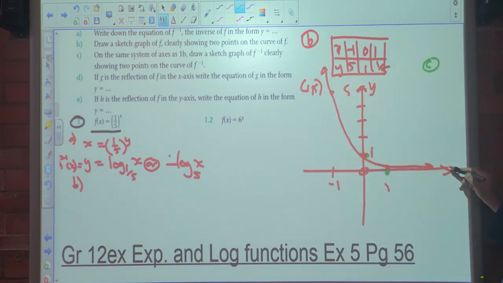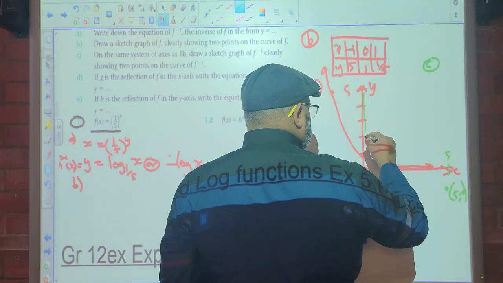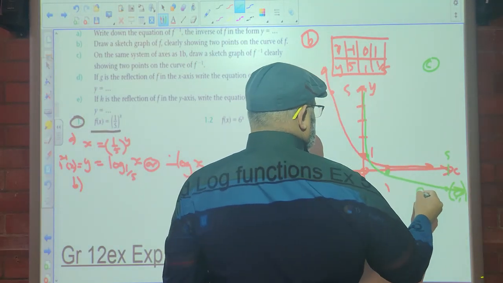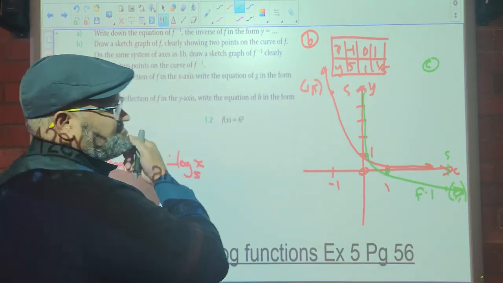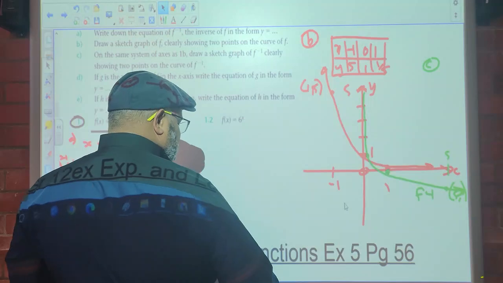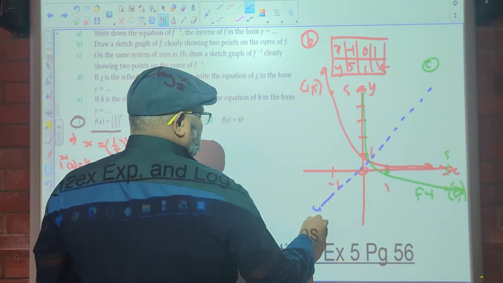Negative 1 and 5 becomes 5 and negative 1. So the curve comes close to the y-axis, doesn't touch, and it goes through like that, and that is the inverse function. And this is reflected in the line y is equal to x.